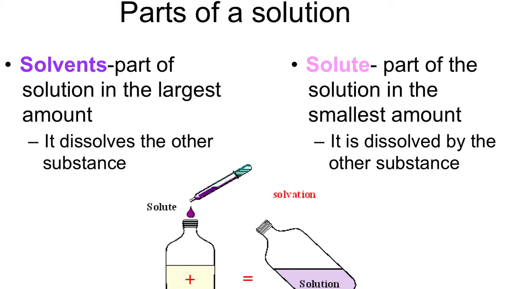From your little diagram here, maybe this is water, and this is this little purple stuff, maybe food coloring. So the water would be the solvent, and the food coloring would be the solute. And once you mix them together, bam, you've got a solution.